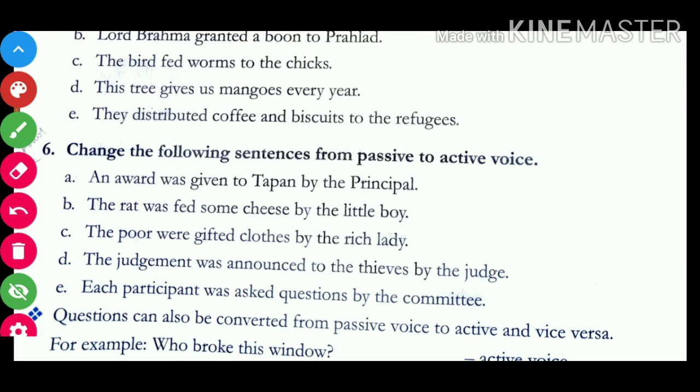So the rich lady gifted clothes to the poor. Next, the judgment was announced to the thieves by the judge. The judge announced his judgment to the thieves. इसमें एक ही है.